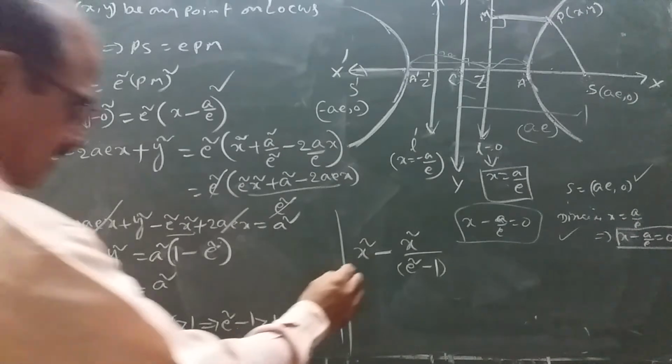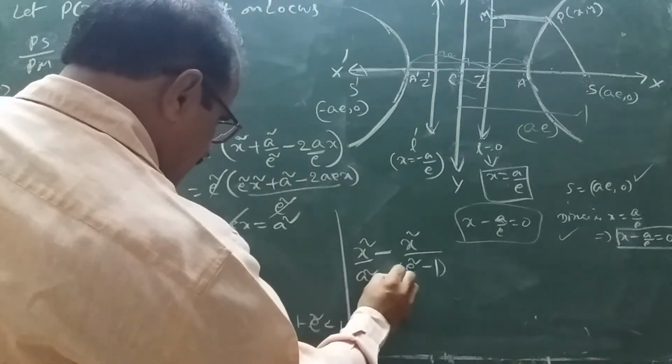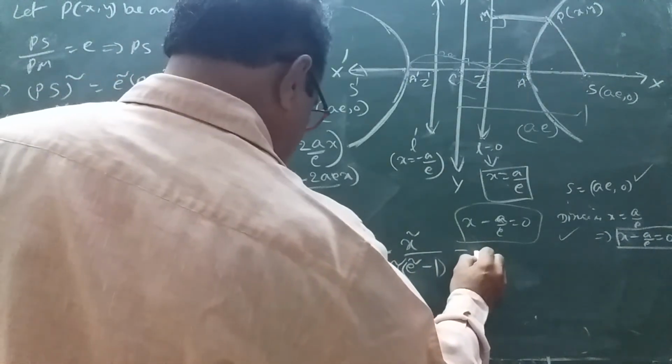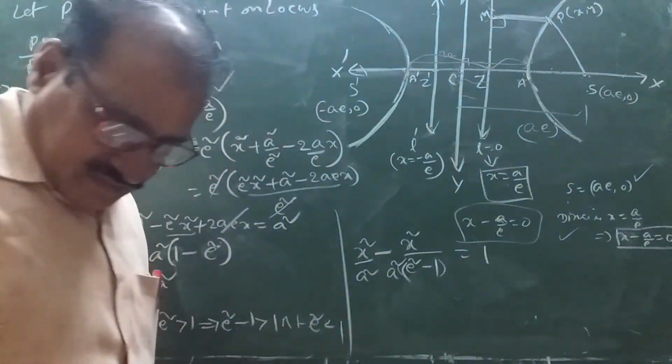Also we have to divide by a square: x square by a square minus y square by a square into e square minus 1 is equal to a square by a square, which is 1.